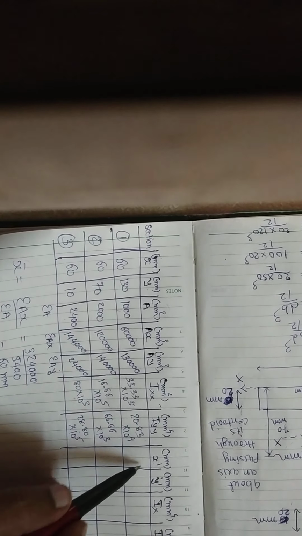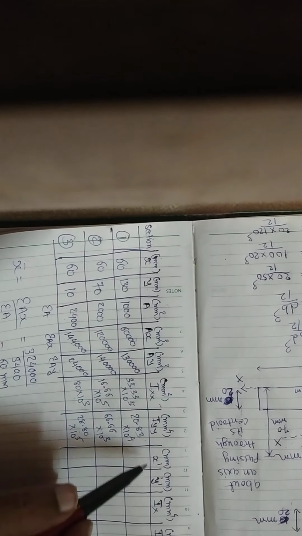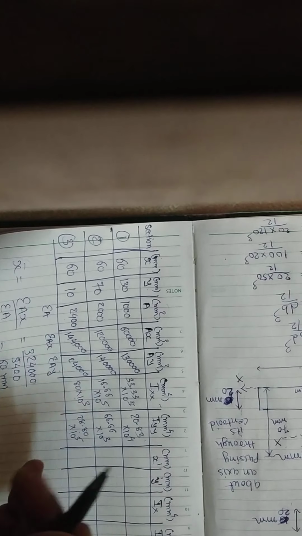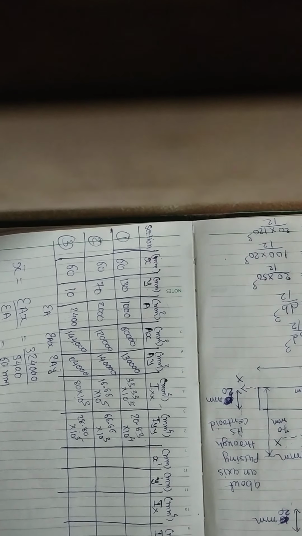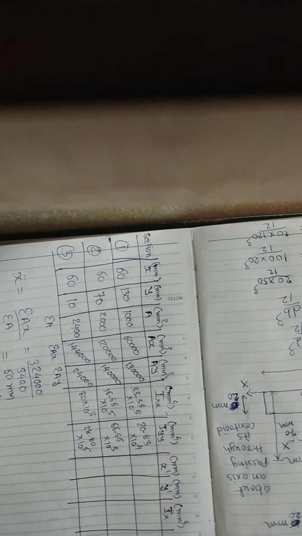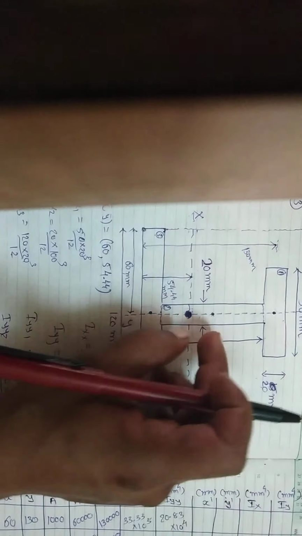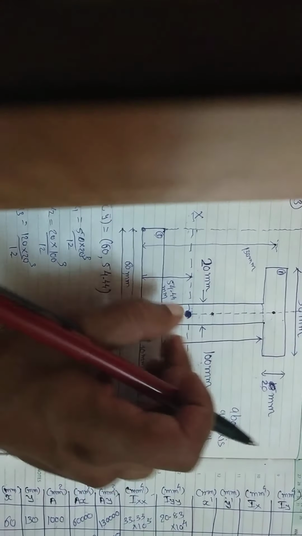Now it's time to calculate x bar and y bar. These are the offsets from the center of the entire section to the center of the individual sections, correct? So x dash and y dash. In this similar case, as this one is the x axis, we have to take the offset of this centroid to the main centroid.